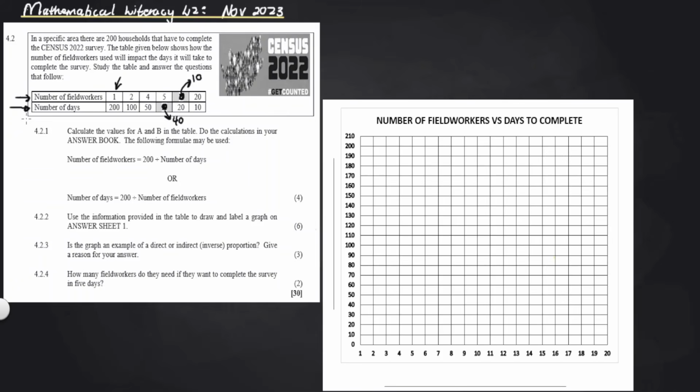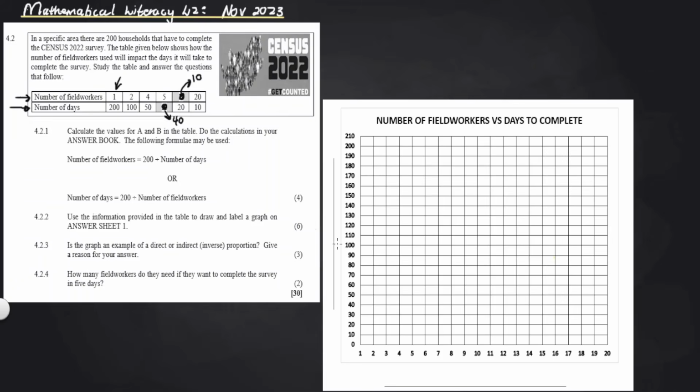So the number of field workers is going to be our independent variable. We have control over the number of field workers; we get to decide how many people we employ. The completion time for the survey depends on how many people we employed. So the dependent variable is going to be the number of days.